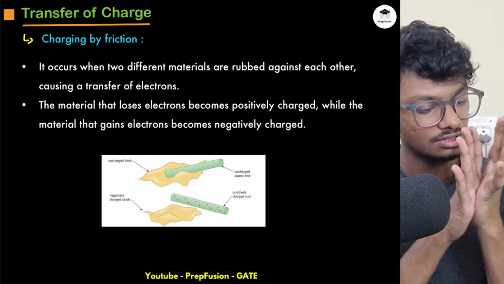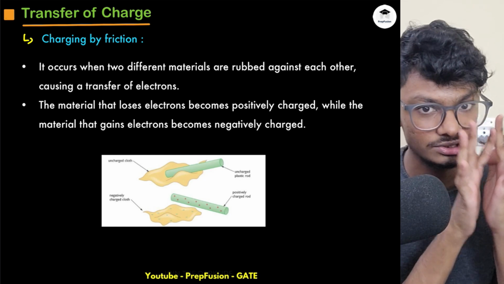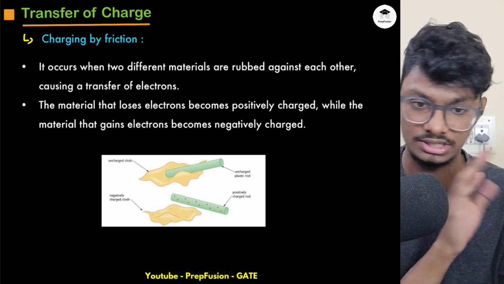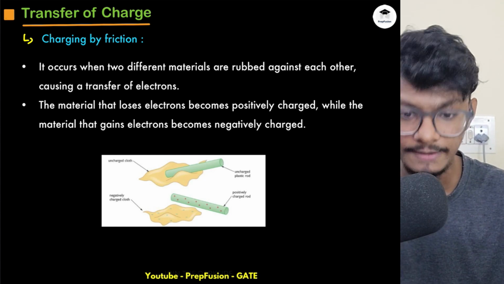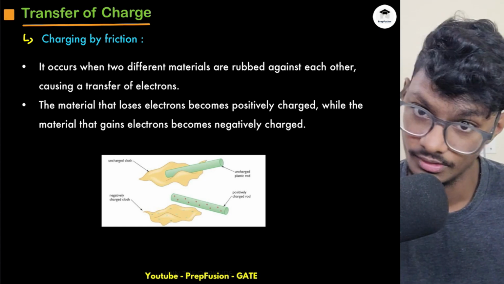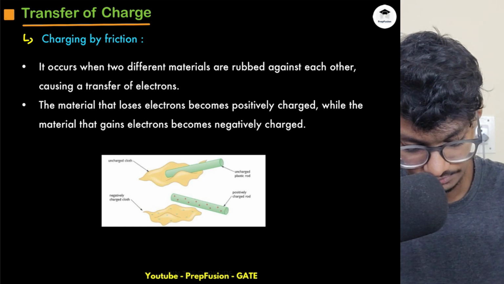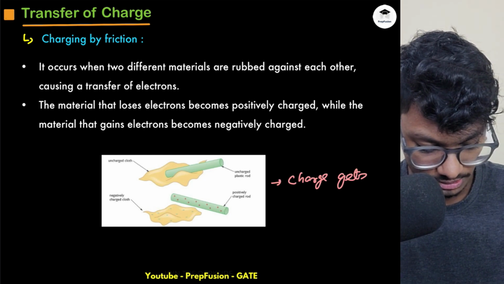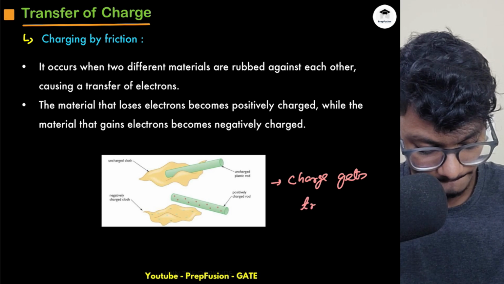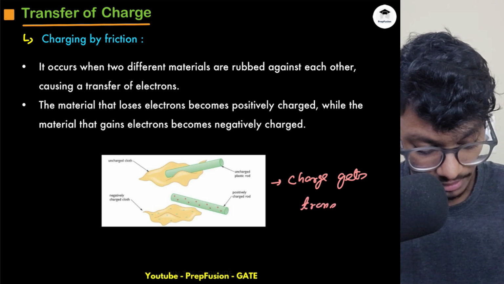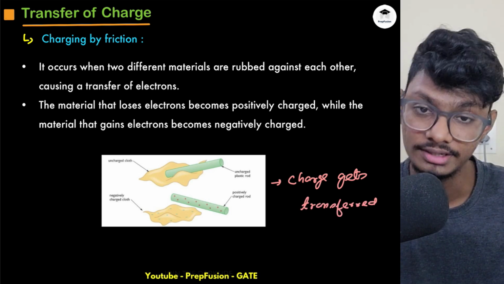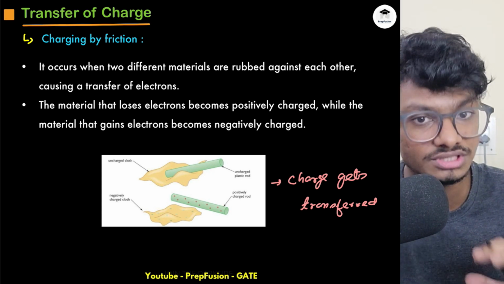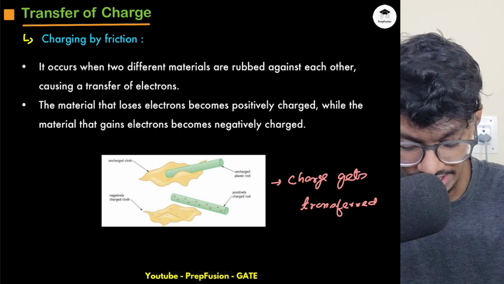So we have to rub it. As I rub it, the electrons come in contact, so a few electrons are attracted from the other material and transfer of electrons happens. Okay, so basically here charge gets transferred, and the most important point in this transaction is that both become oppositely charged.